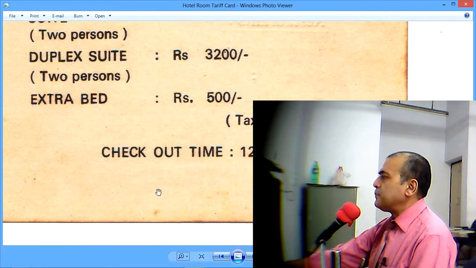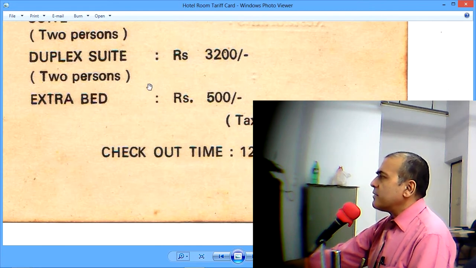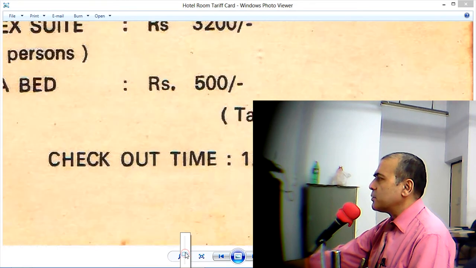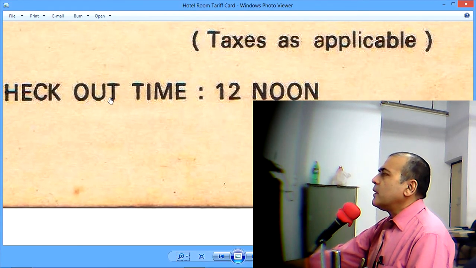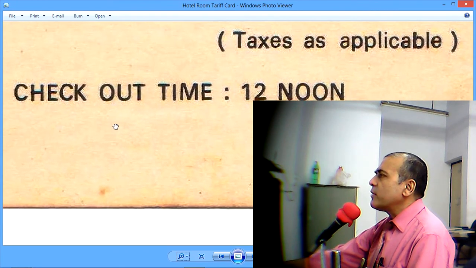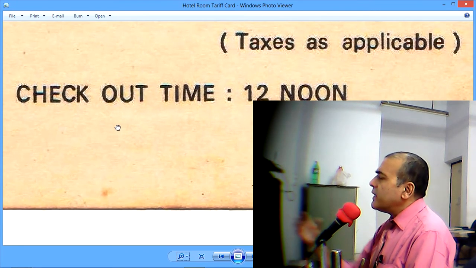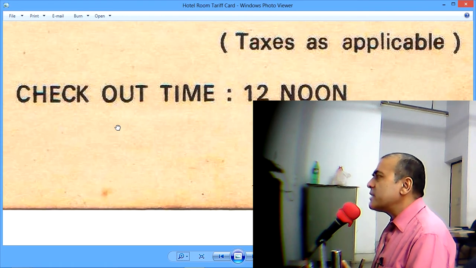And finally, this tariff card also mentions the checkout time as 12 noon. So this very clearly, I think I'll just zoom it a bit, maybe you cannot see this part. This checkout time being 12 noon indicates to the guest that billing cycle begins at 12 and ends at 12.